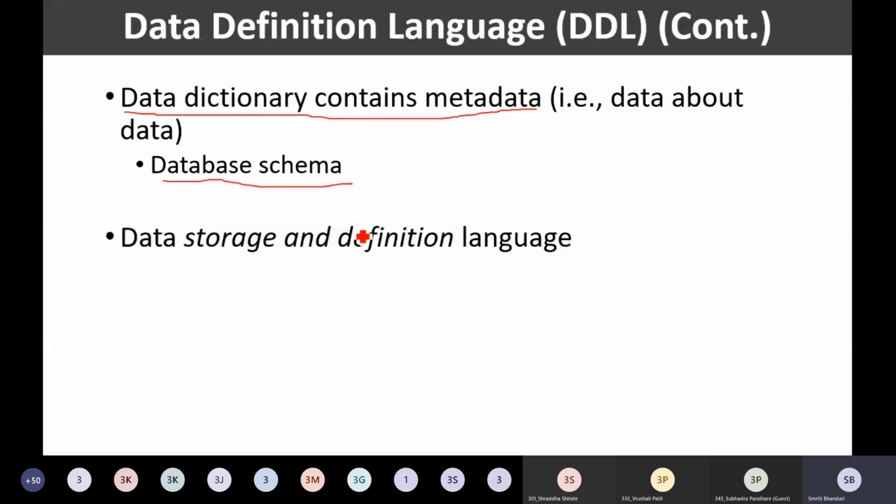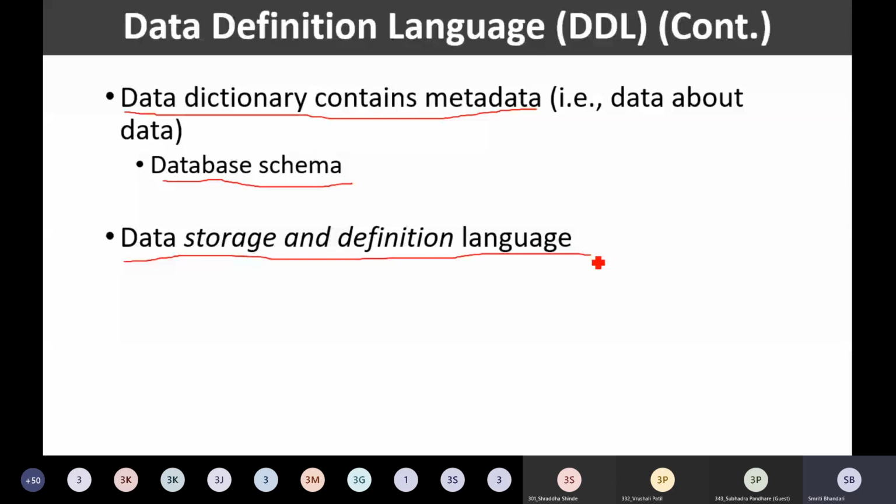Now, one of the parts of the data definition language is the data storage and definition language. It is a kind of special statement under DDL, and that is known as data storage and definition language.